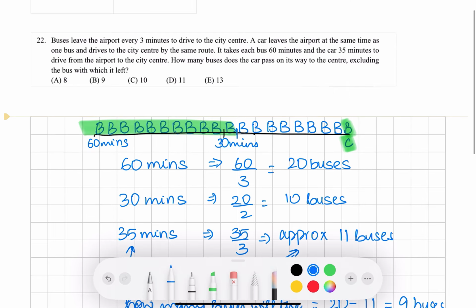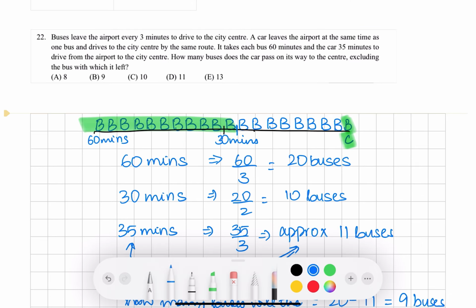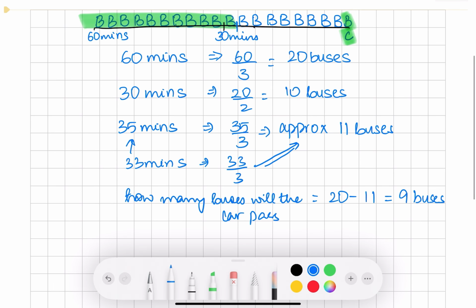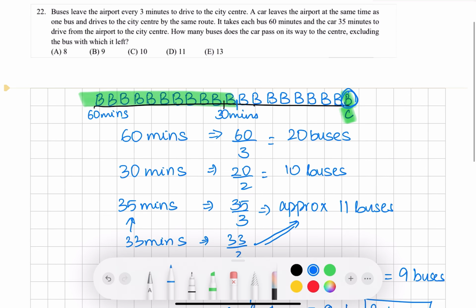But in the question, if you remember, you are excluding the bus you left with. So we're also excluding this bus that we left with. So when we exclude the bus, it will be 9 minus 1, which is 8 buses. And that's our answer, option A.